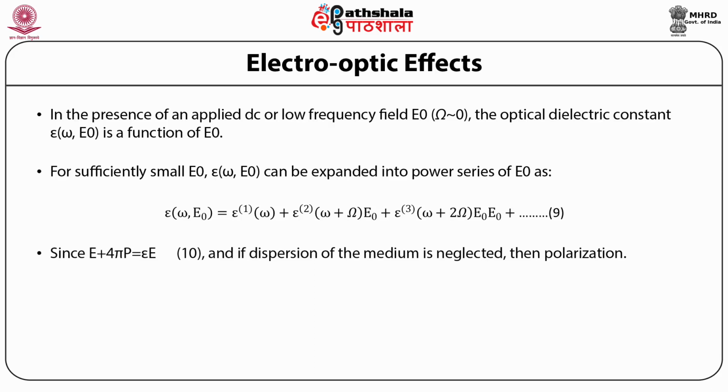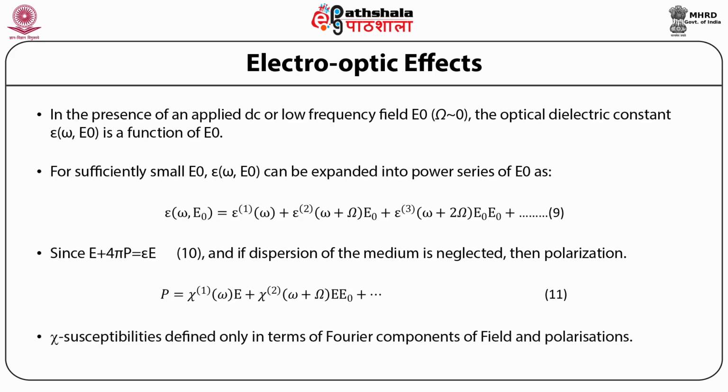Since D equals E plus 4 pi P equals epsilon E, and if the dispersion of the medium is neglected, then the polarization P will be equal to chi 1 omega E plus chi 2 omega plus omega E naught plus so on, where chi represents the susceptibilities defined only in terms of Fourier components of field and polarizations.